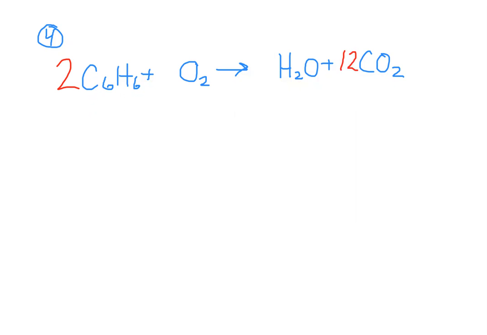And it gives us 12 hydrogen, so we'd have to put a 6 here. Now let's see what that gives us. 12 times 2 is 24 plus 6. That gives us 30 oxygen. We can make 2 into 30 by putting a 15 in the front. So that is balanced now, and our coefficients are 2, 15, 6, and 12.